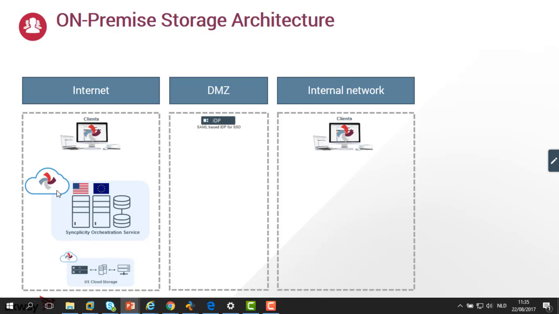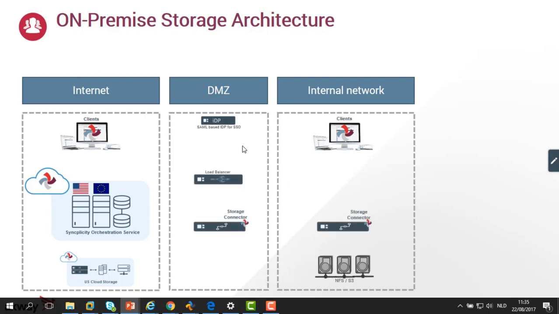We have the orchestration service, which is hosted by Syncplicity, and in this reference architecture there might also be cloud storage, which we're not going to talk about today. If you have single sign-on, probably you have an identity provider, not in scope for this setup.